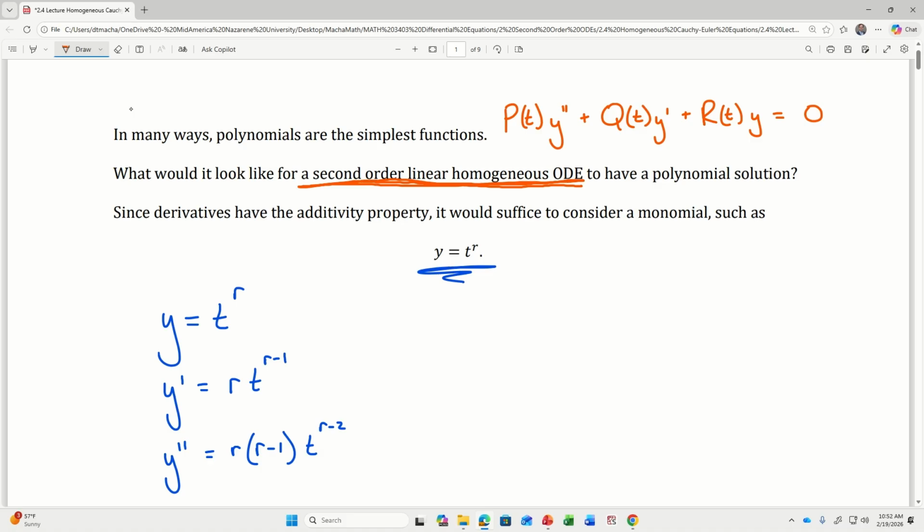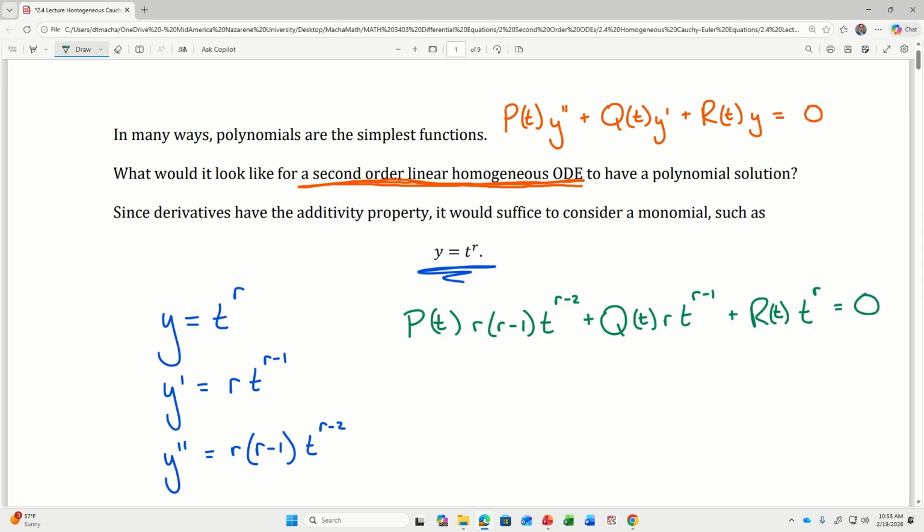And so if I take this orange equation and I plug in the definitions now for y double prime and y prime and y, I would get some capital P of t times r times r minus 1 times t to the power r minus 2, plus some capital Q of t times r times t to the r minus 1, plus some capital R of t times t to the r power.